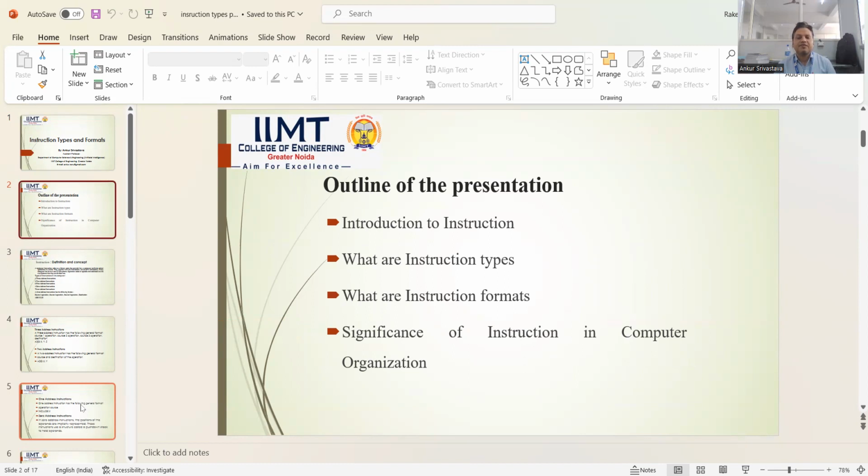We have used instruction formats of four types: zero address, one address, two address, and three address instruction. We have also seen the instruction pipeline and discussed the instruction cycle. Thank you very much.